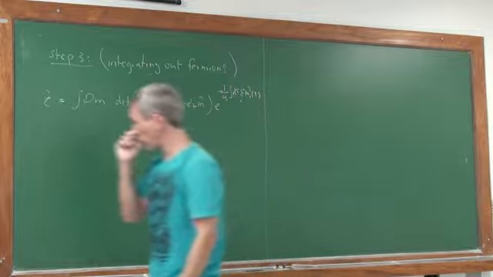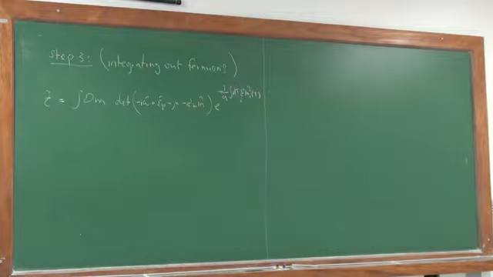Just one more comment: there's one difference. If you recall, when we did the decoupling in the charge channel, the density channel, we found a coupling of the electrons to an imaginary phi field. So there was some i there. Here it's purely real.